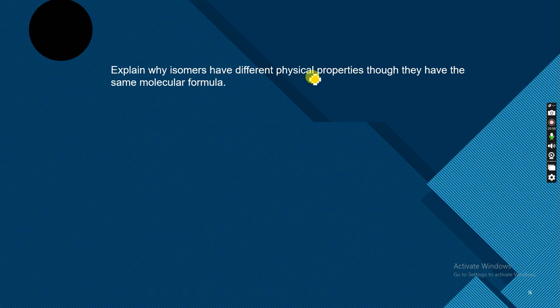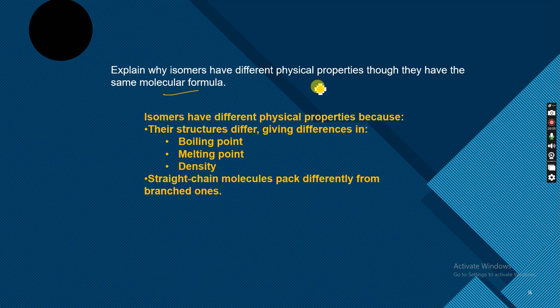Explain why isomers have different physical properties though they have the same molecular formula. We all know that isomers have the same molecular formula, so why do they have different physical properties? The answer is that their structures differ. We have seen that the structural arrangement of atoms is different, so their physical properties such as boiling point, melting point, and density will differ.